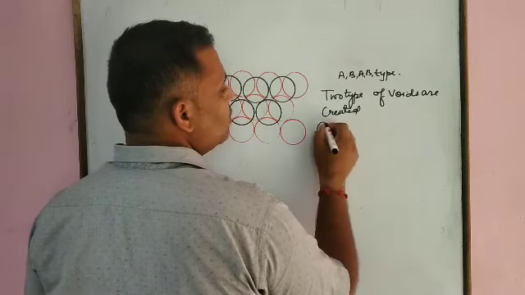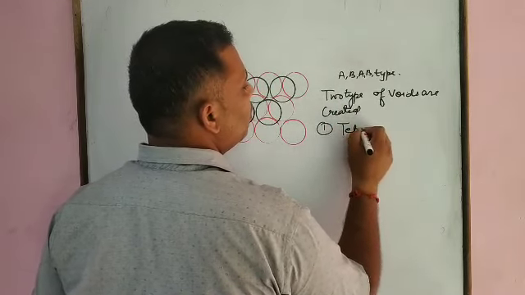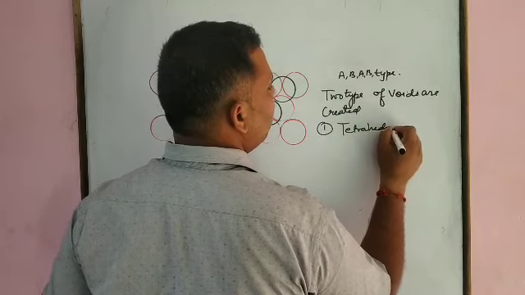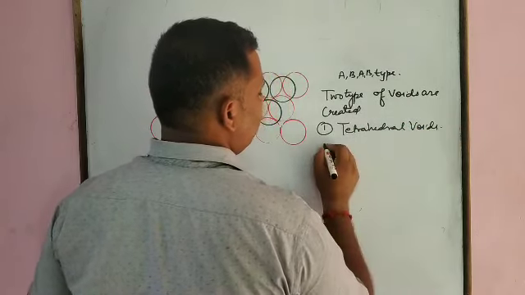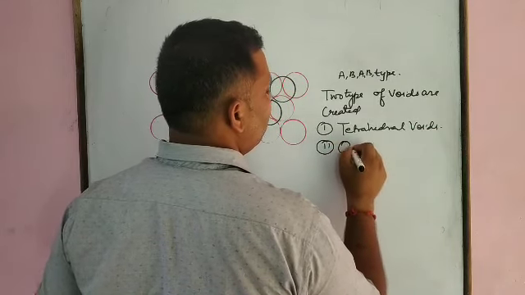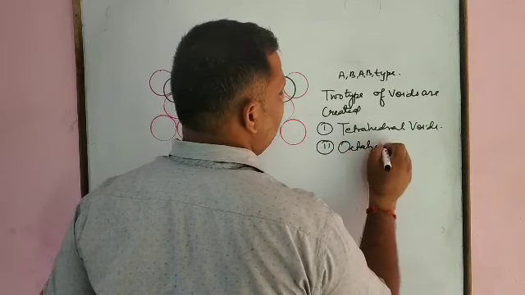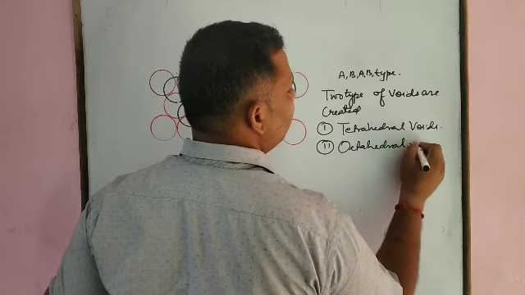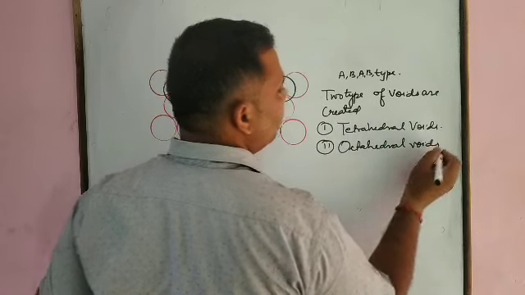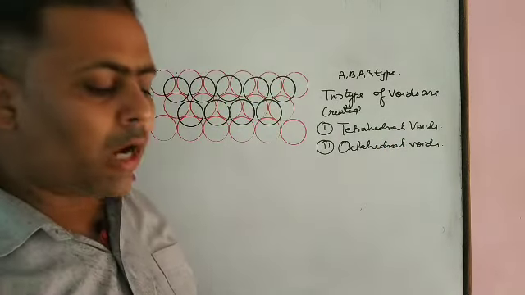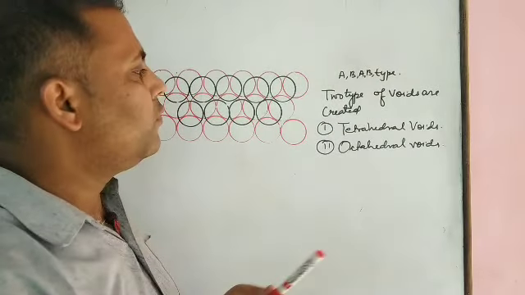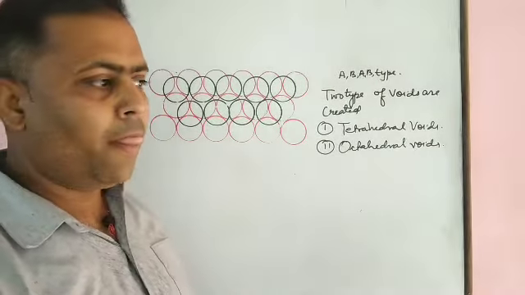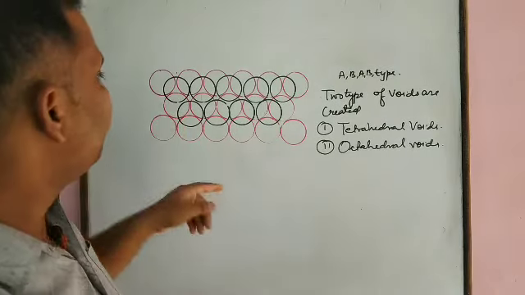The first one is tetrahedral voids, and the next one is octahedral voids. Let us see which one is tetrahedral void, why it is a tetrahedral void, and which one is an octahedral void. Let us see.